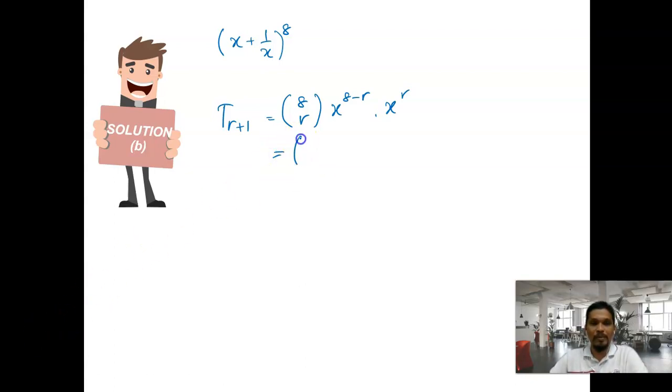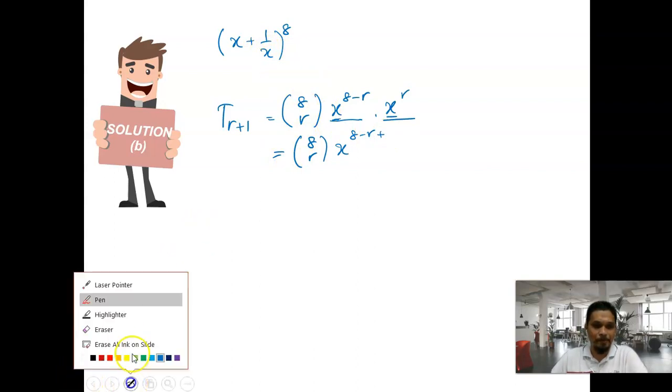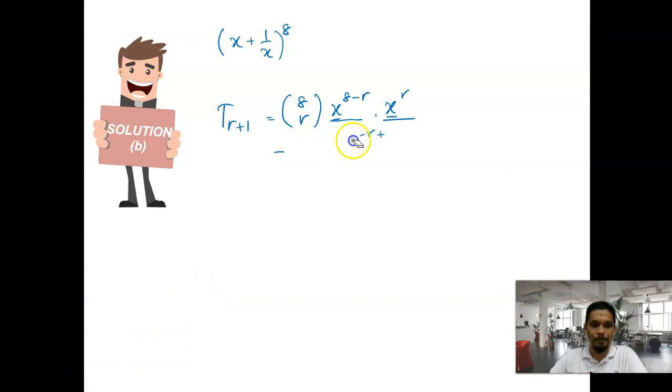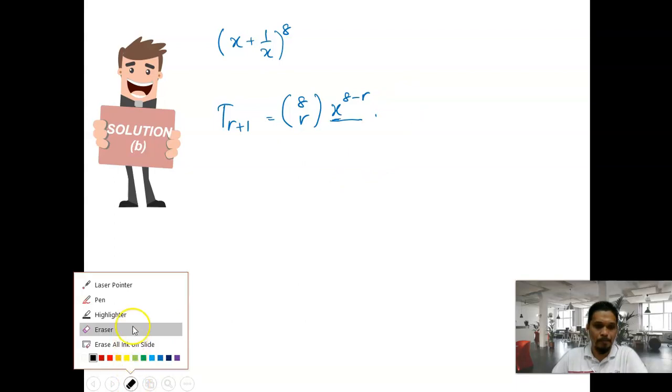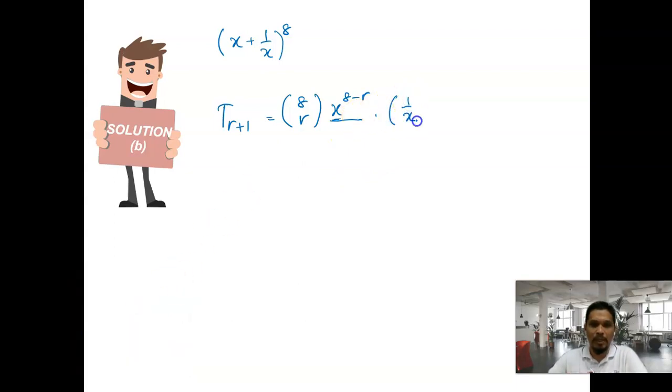Okay, again, we repeat the process of 8Cr multiplication between these two, with x and 1 over x, sorry. So with x to the power of 8 minus r, and 1 over x to the power of r, which is 8Cr, x power of 8 minus r, and this one is x power of negative r.